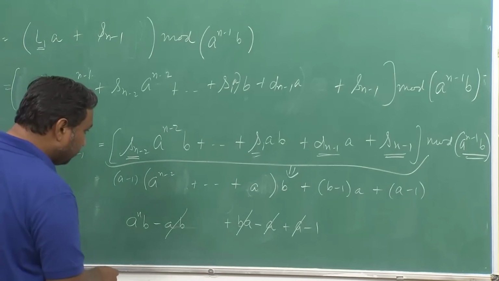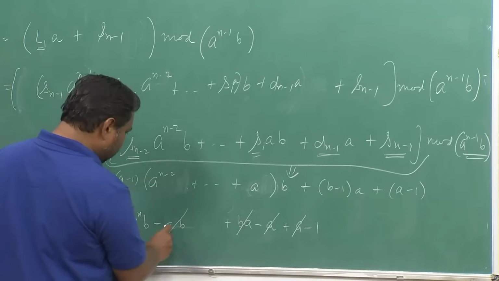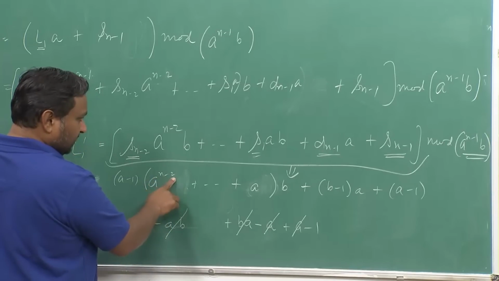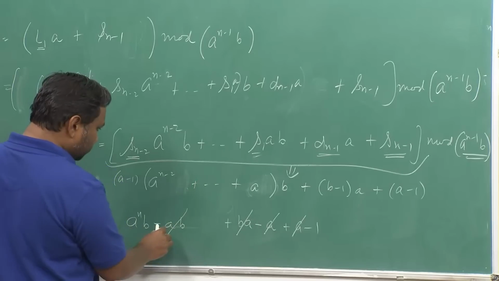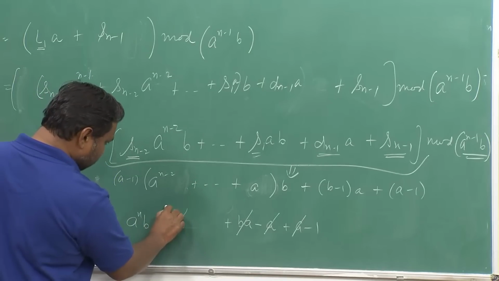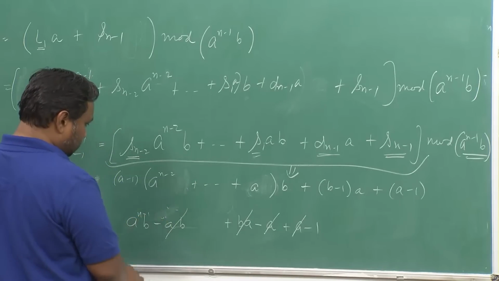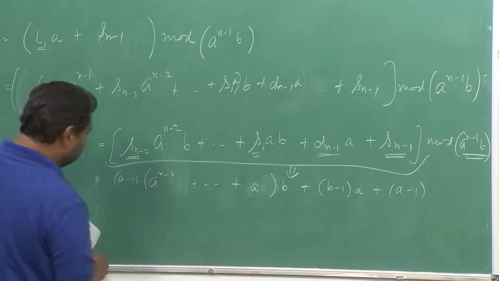Oh, sorry, this should be n minus 2 terms, this is 1, total A raised power not n minus 1 but A raised power n minus 2 terms. So, this should be A raised power n minus 1. Okay. Let me just do it again so that for clarity.